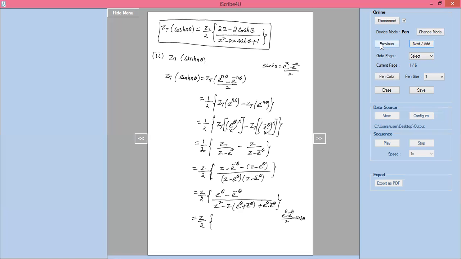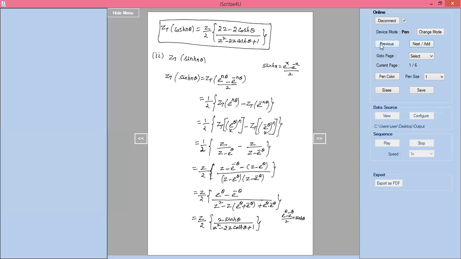Now this should be 2 sin h theta divided by z square minus 2z into cos h theta. And e power theta into e power minus theta is nothing but e power 0, and e power 0 is 1. Now z by 2 into 2 sin h theta divided by z square minus 2z into cos h theta plus 1.